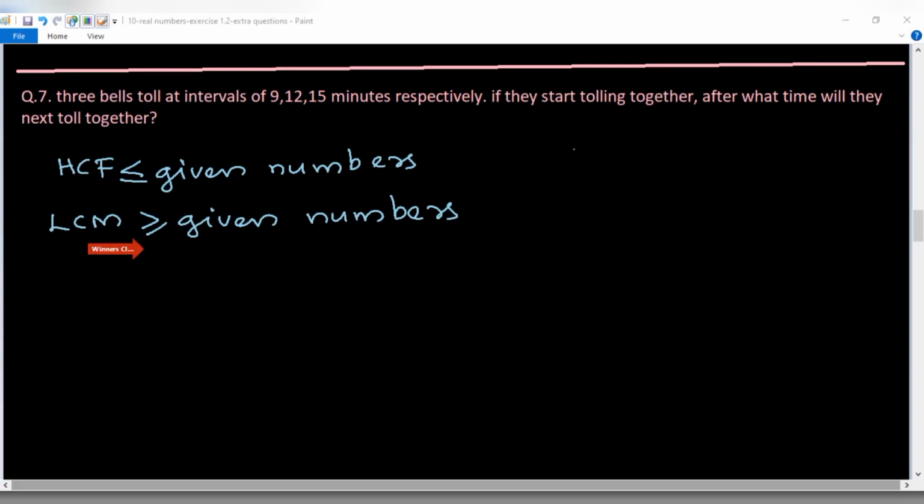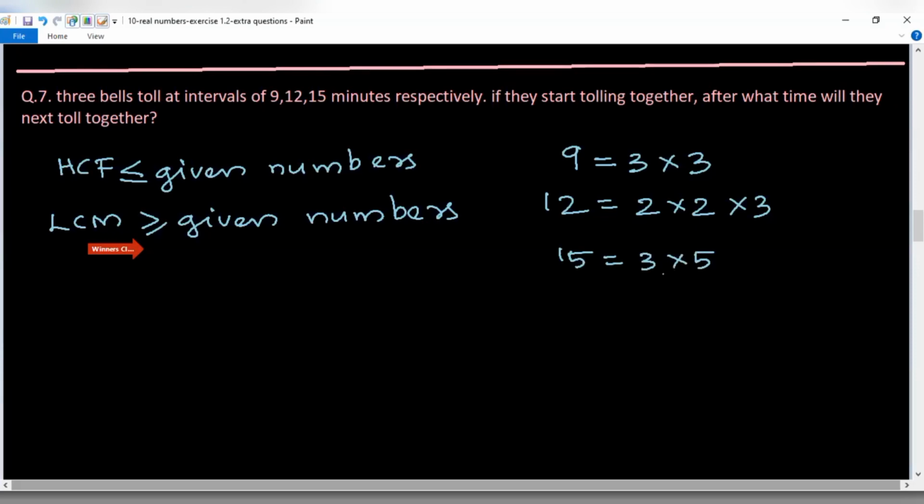So as every time, we have to do prime factorization. 9 is 3 into 3. Then 12, it is 2 into 2 into 3. Then 15, it is 3 into 5. So LCM means we have to consider the highest power of all factors. 2 is here.